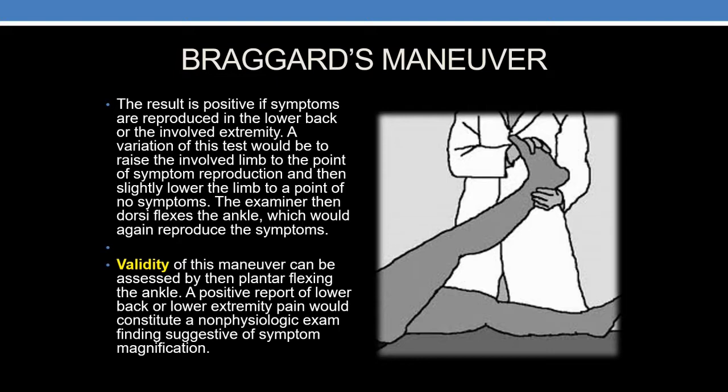Now, your examinee does not know that this should relieve the symptoms because they're not doctors, and in the event of a positive report of lower back or lower extremity pain symptoms, this would constitute a non-physiologic exam finding and may raise your suspicion for symptom magnification.